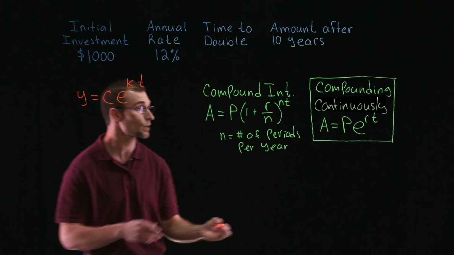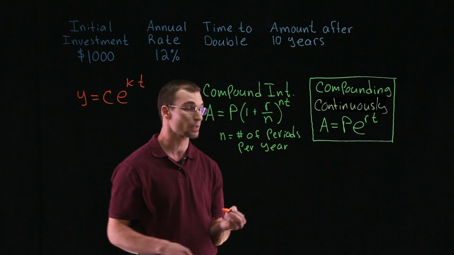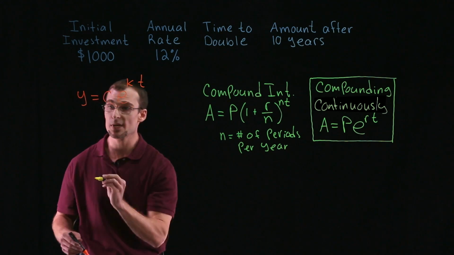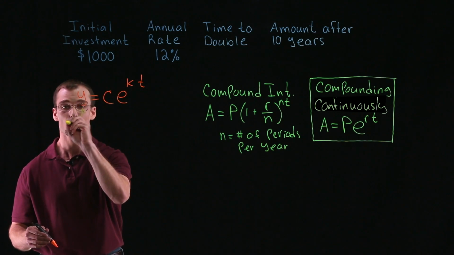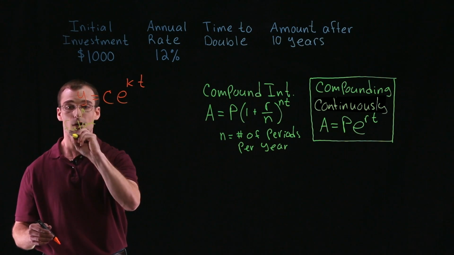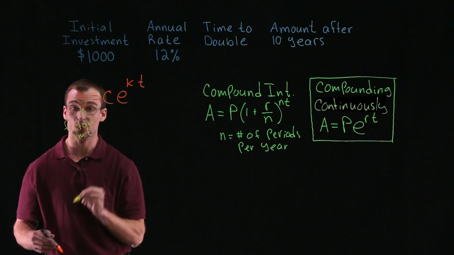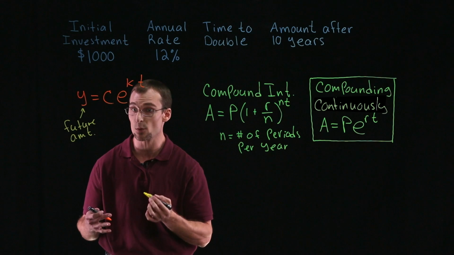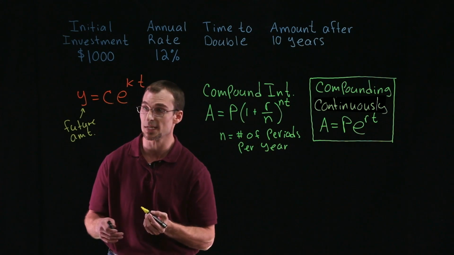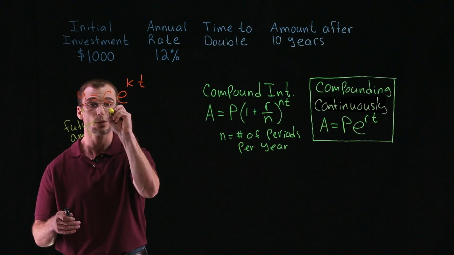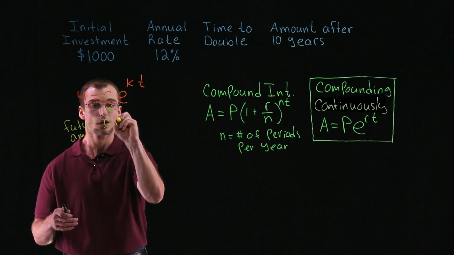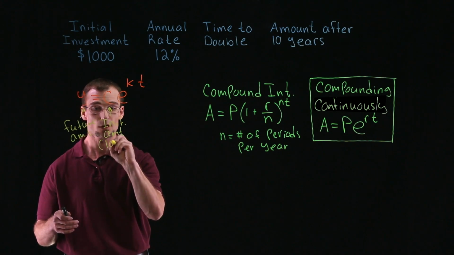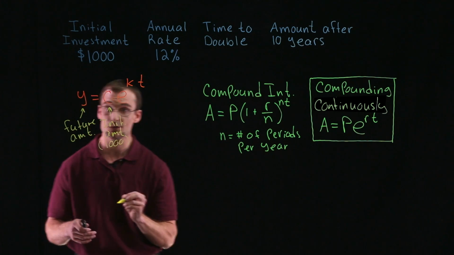If we look at this and our continuous compounding formula, they look pretty similar. y is going to be our future amount, where so far we've used this to find the future amount in a population after time t, but now we're talking about money in an account after time t. C is our initial value, the initial amount starting in our account, which we know is $1,000.